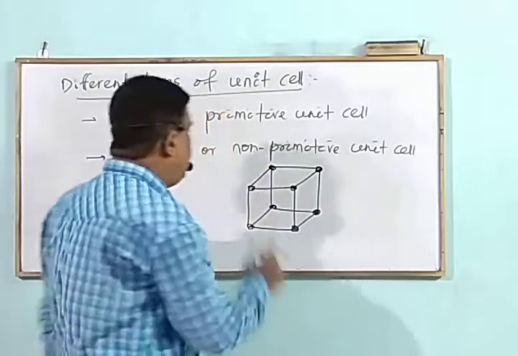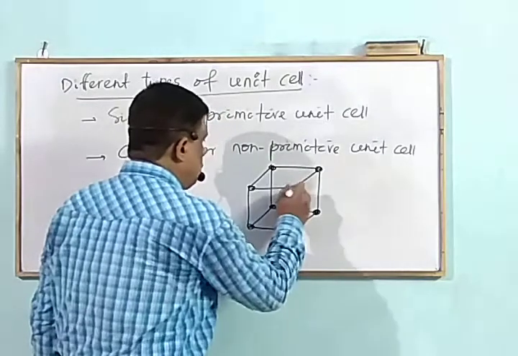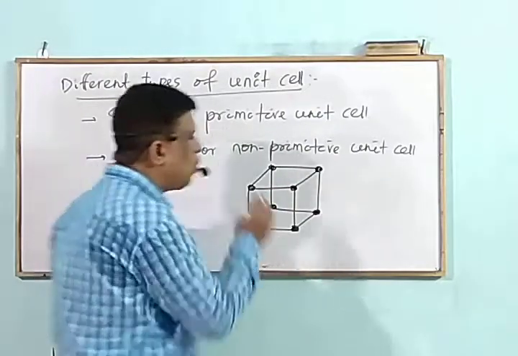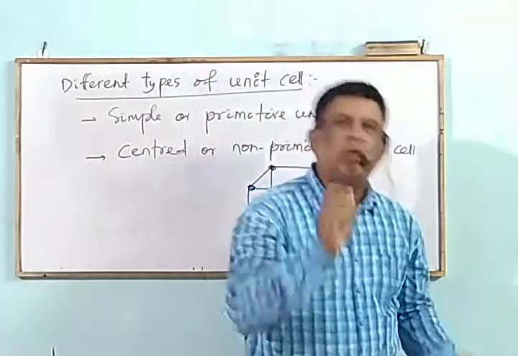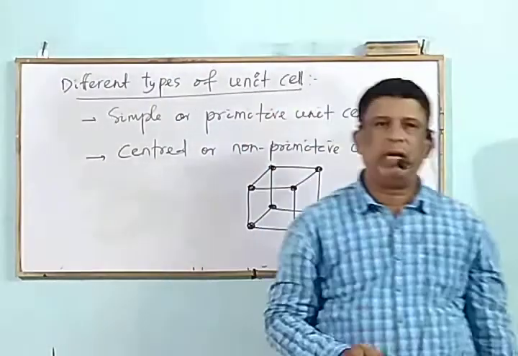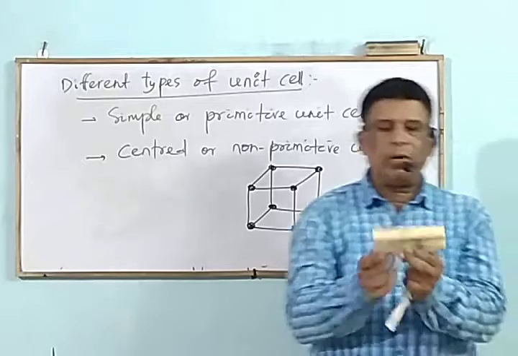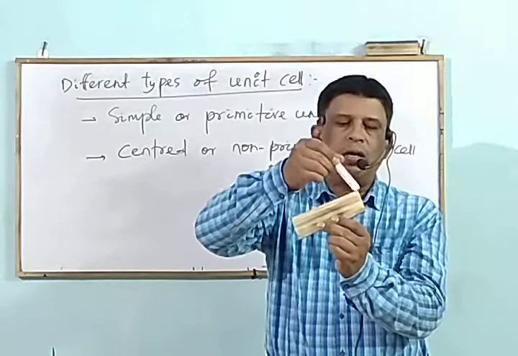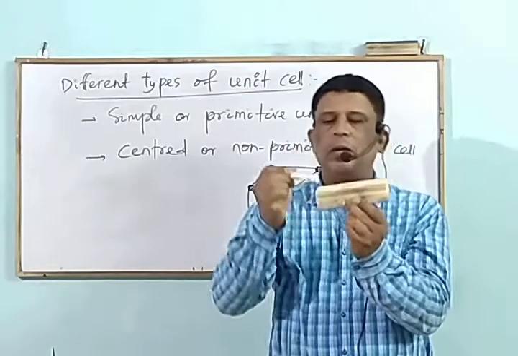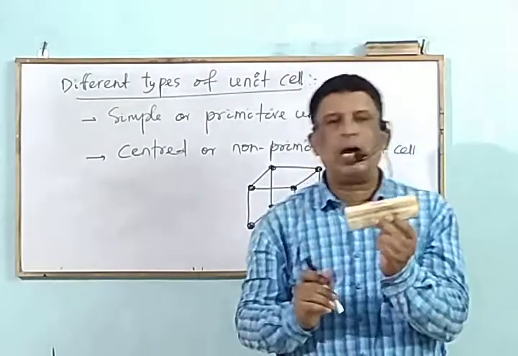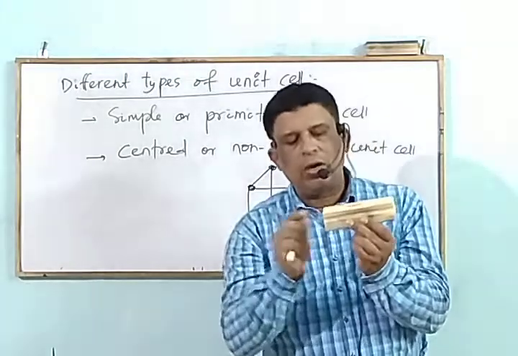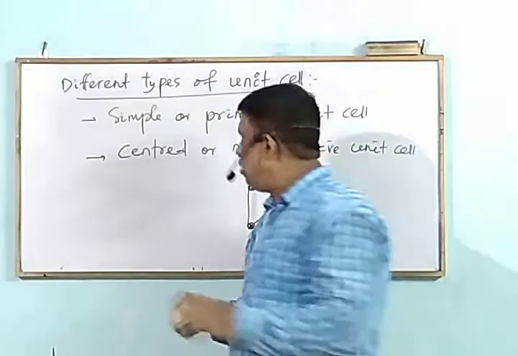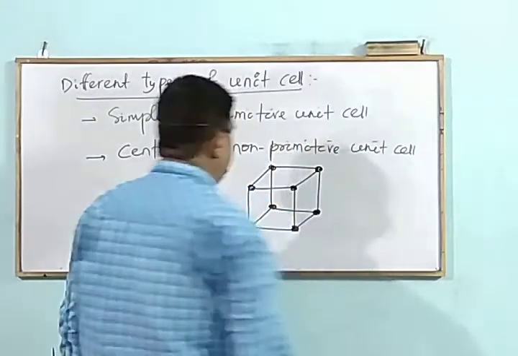In this unit cell, 1, 2, 3, 4, 5, 6, 7, 8, there are 8 corners, and at each corner, one atom is there. This one is taken as a simple unit cell. If each of the 8 corners is occupied by a single atom, then it is known as simple or primitive unit cell.